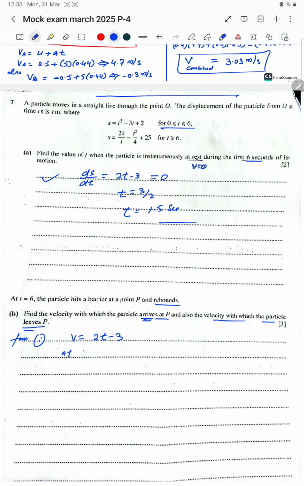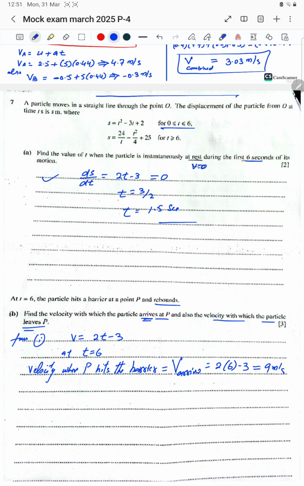At t equal to 6 seconds, we can find the velocity when the particle P hits the barrier, that is, when it arrives. This is 2 times 6 minus 3, so we get 9 meter per second when it arrives at the barrier.